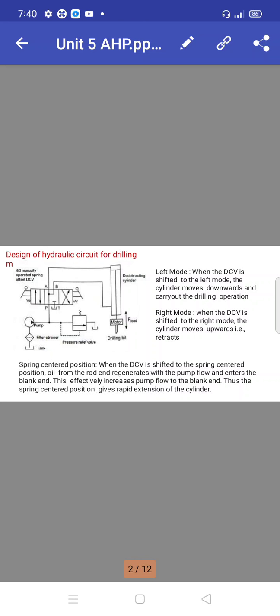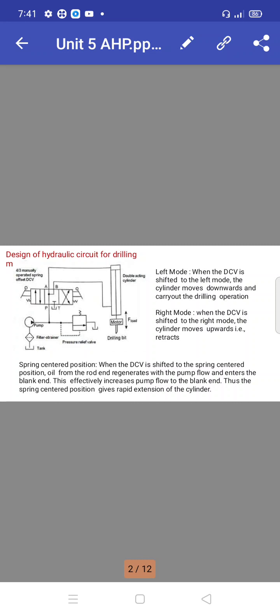So first one is a design of hydraulic circuit for drilling machine. This is a circuit. A 4x3 manually operated spring offset DCV, that is direction control valve. It has three specifications.